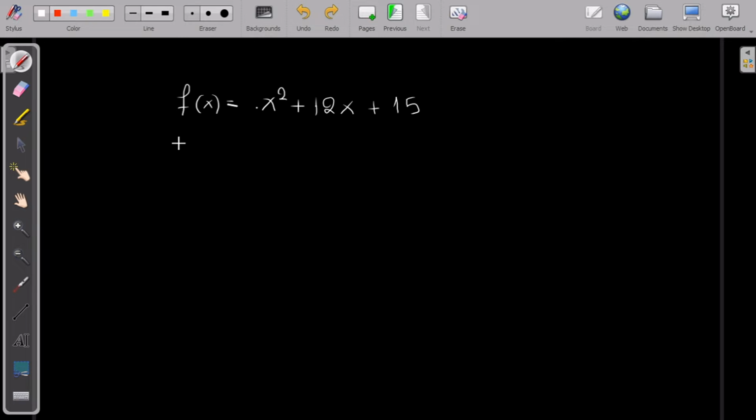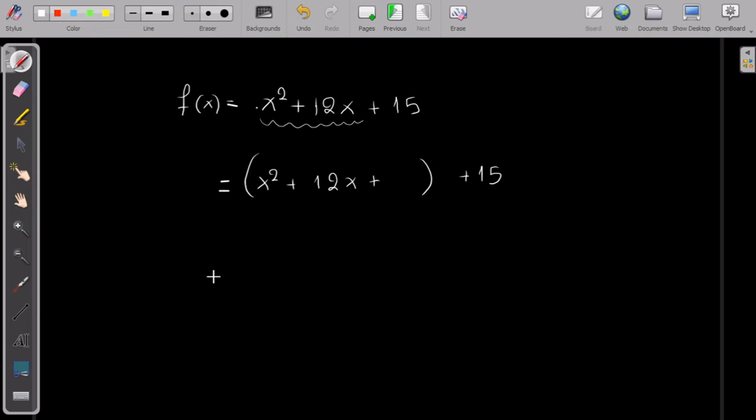Now, which are the steps? First, I will take the first two terms, x squared plus 12x, and I will leave some space for something, plus 15.